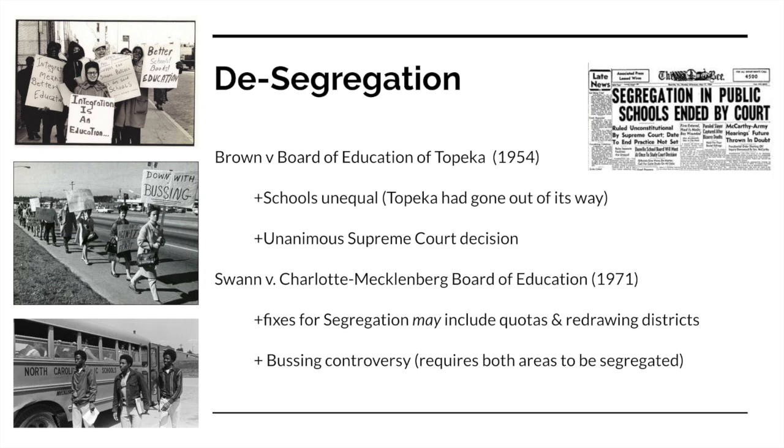Now, years later, now that this is sort of policy, we're going to see a flashpoint. And that is Swann versus Charlotte-Mecklenburg Board of Education, 1971. So this is in North Carolina. And what's happening here is schools were essentially segregated even though they were desegregated. What does this mean?